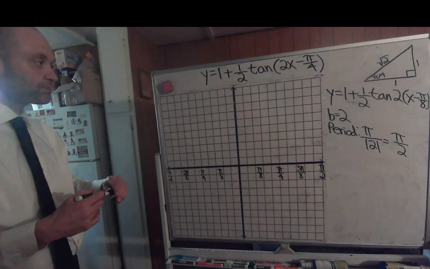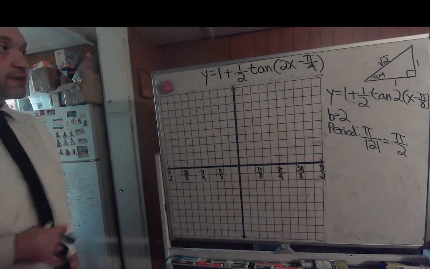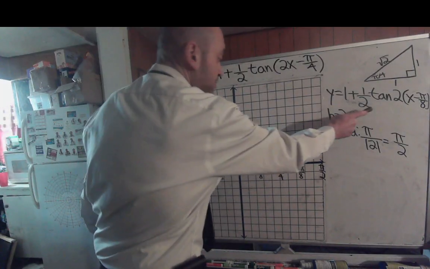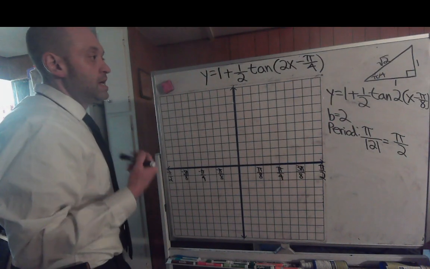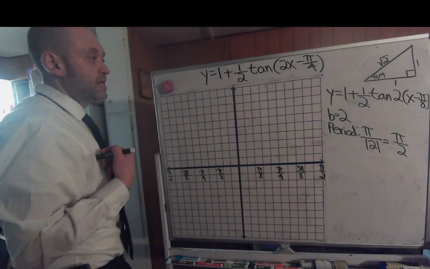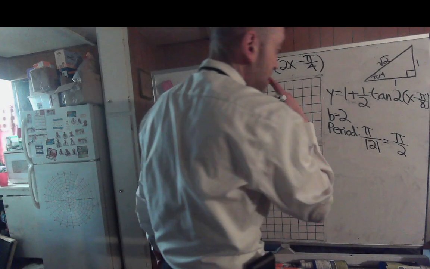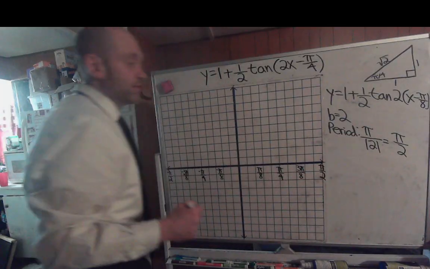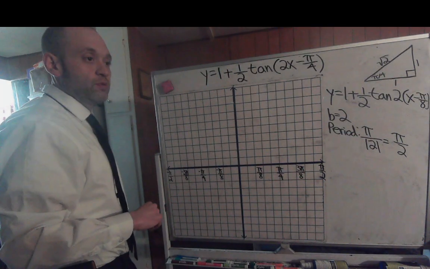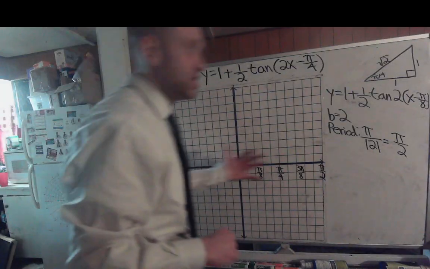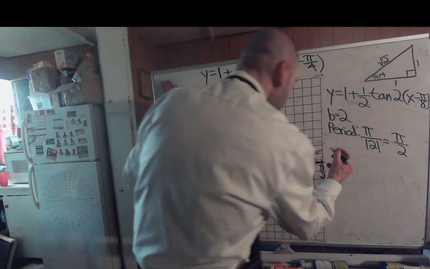Now, we figured out our period, we factored this completely. Now let's look here. We have that x minus pi over 8. If you take that, set that equal to 0, you get a horizontal shift right pi over 8 units.